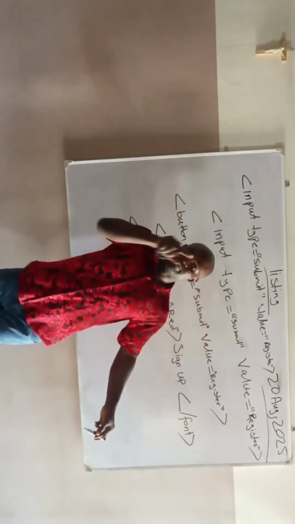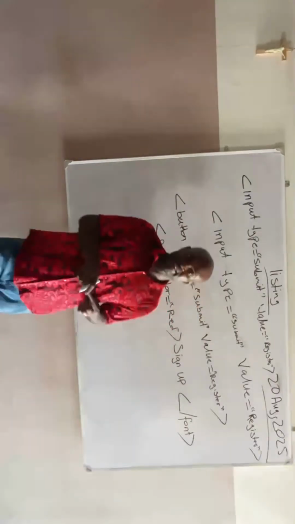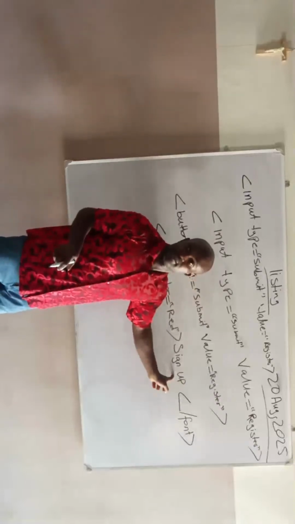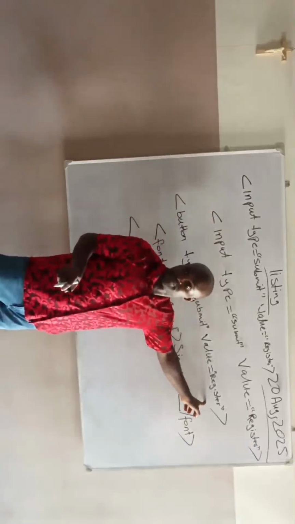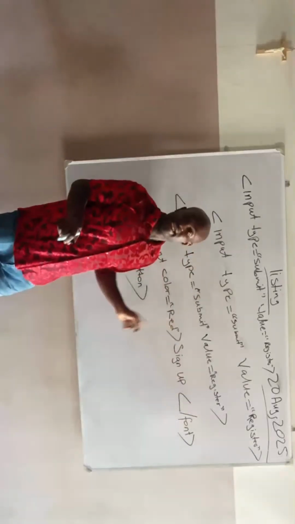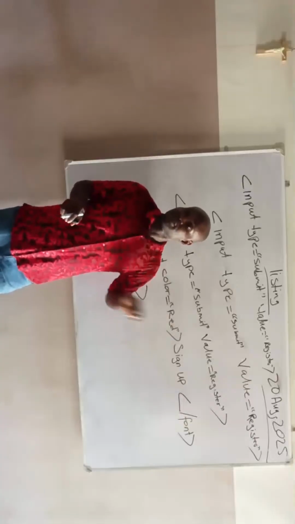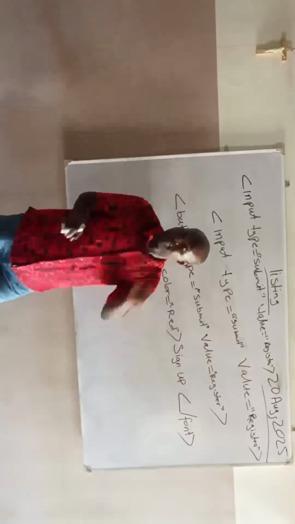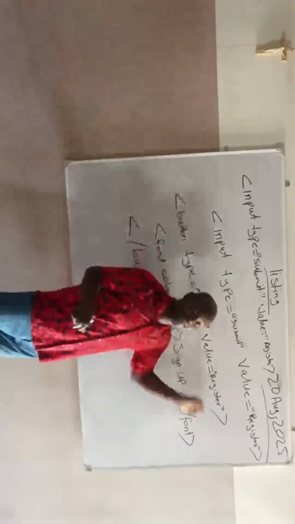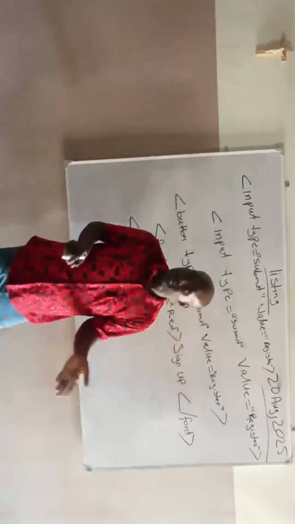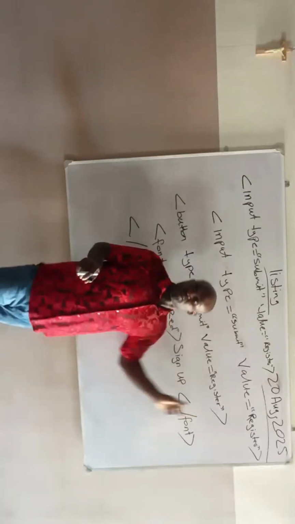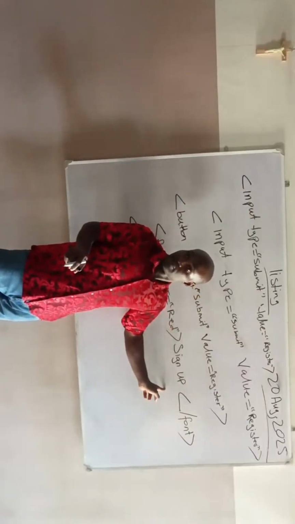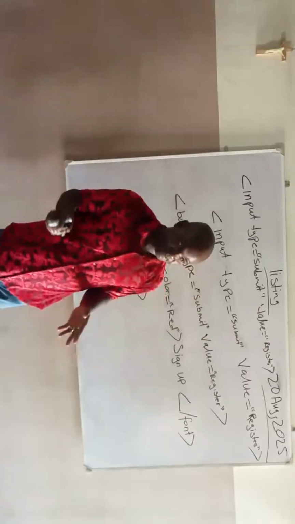I'm saying if the value of the submit button is equal to register, register this form, else don't register. But now look at the value. Essentially I don't want the value to be displayed on top of the button visually.